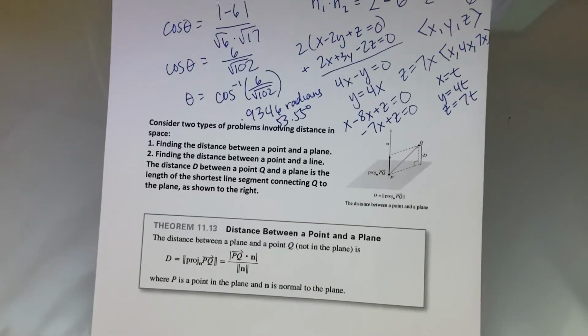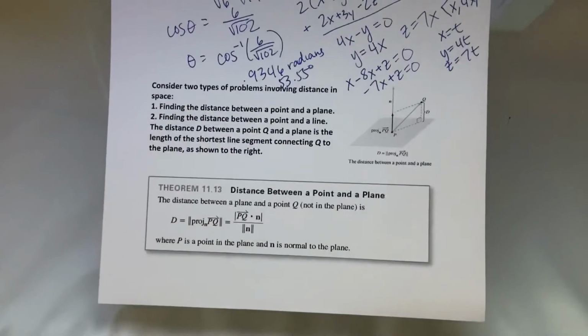The distance between a plane and a point is the magnitude of the projection of PQ onto the norm, which is the absolute value of the dot product of the PQ vector and the norm divided by the magnitude of the norm, where P is a point in the plane and N is normal to the plane.